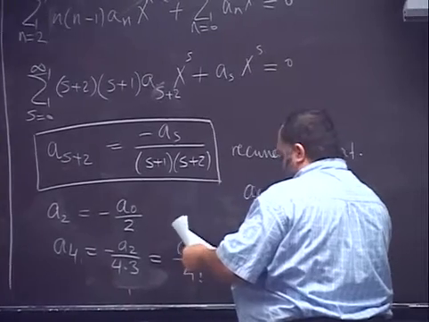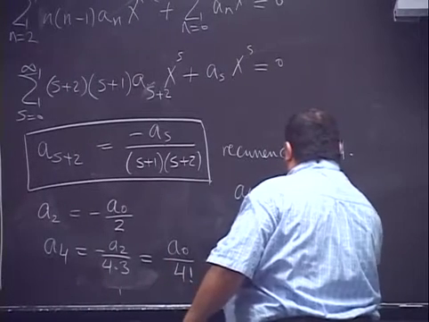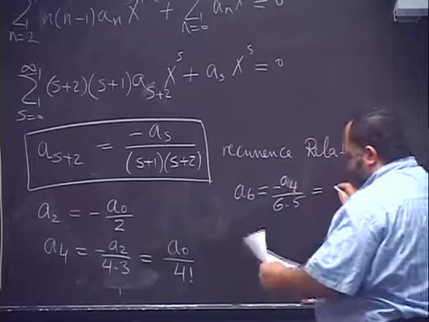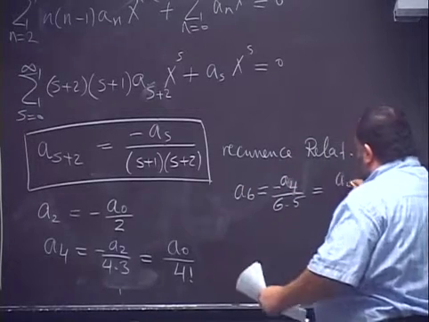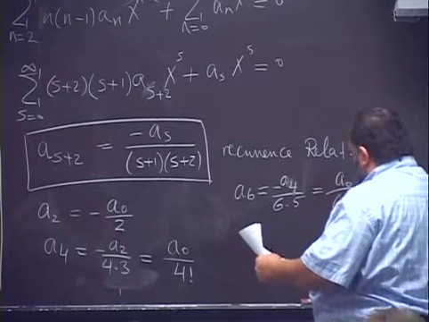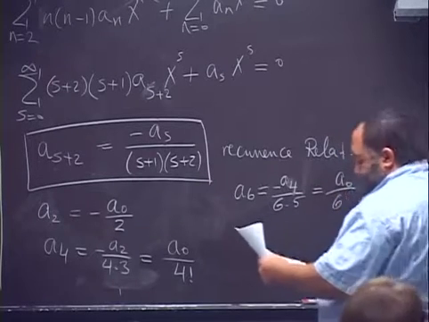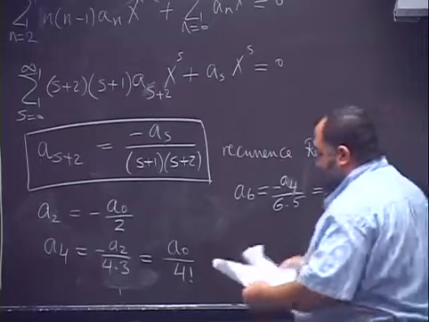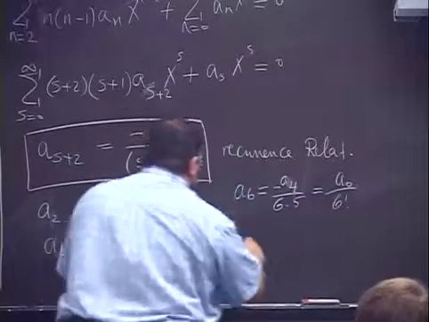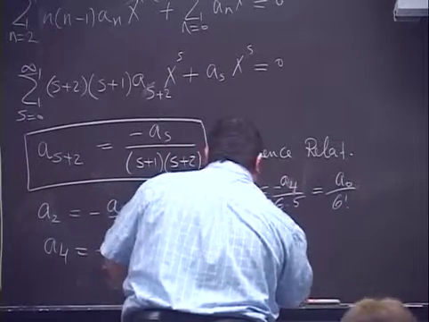Minus A4 divided by 6 multiplied by 5. If you substitute with A4, this will give you A naught divided by 6 factorial and so on. So let's take the other component, A3.